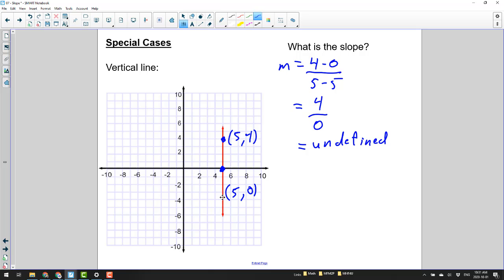No matter which point I choose on this line, it's always going to be 5 something. So I'm just going to call this line x equals 5. A little bit different than any other line we've done, because every other line has always been y equals something. But for a vertical line, it's a special case. It's going to be x equals some number, and that number is going to be the x-coordinate of every point on that line.